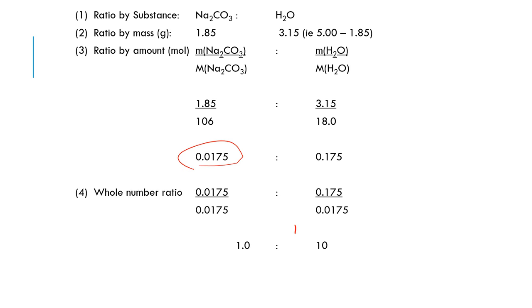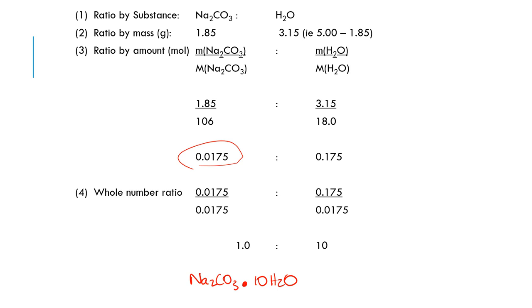Okay, so we get 1 is to 10. Okay, so that's telling me that I have 1 Na2CO3 dot 10 H2O. Okay, because I have 1 Na2CO3 for every 10 H2O.